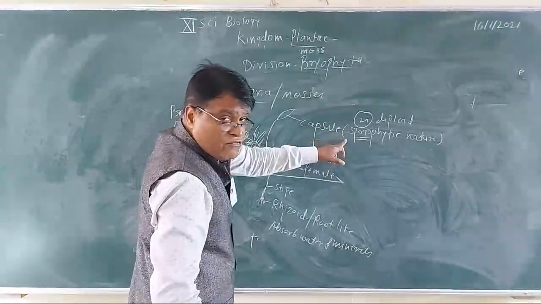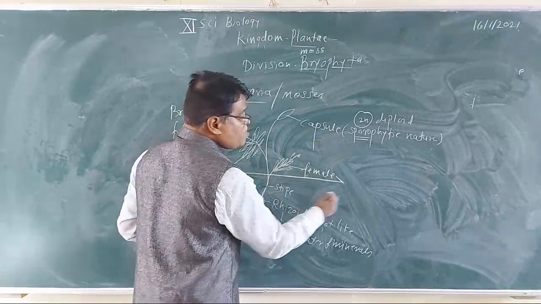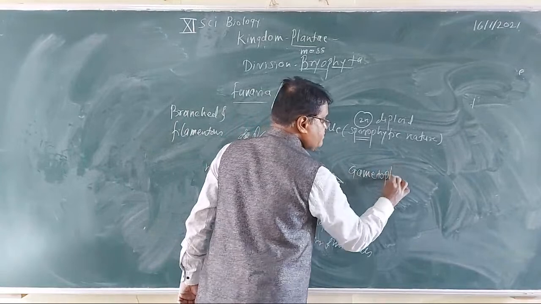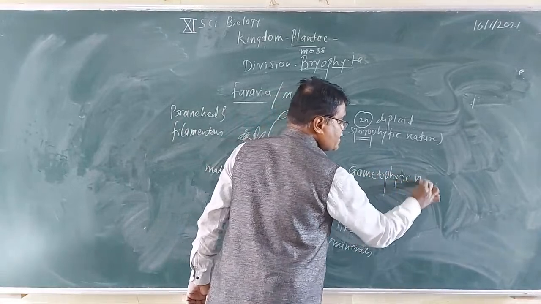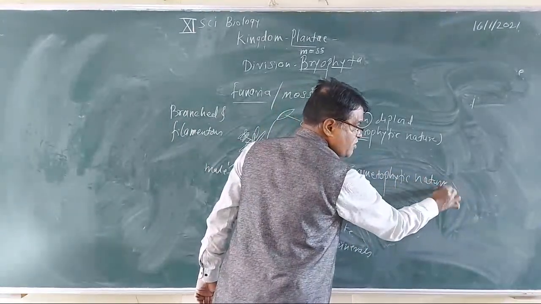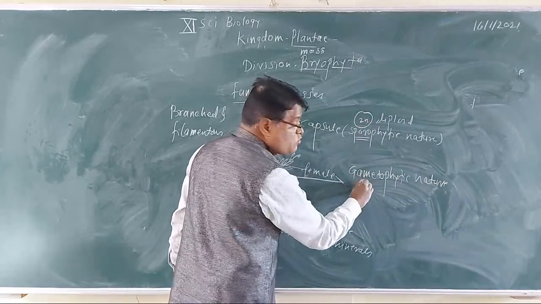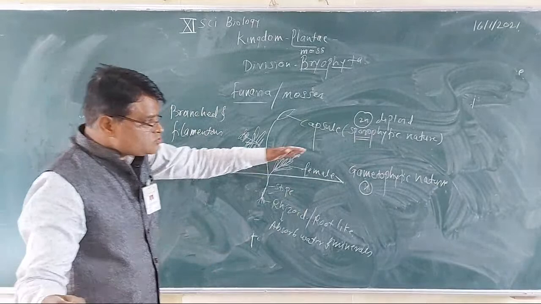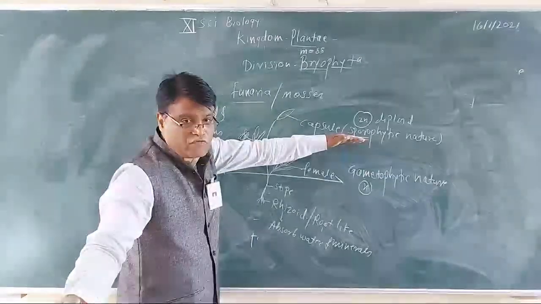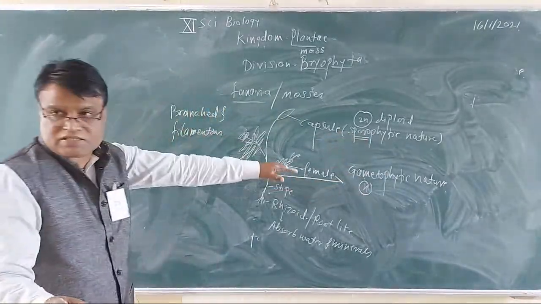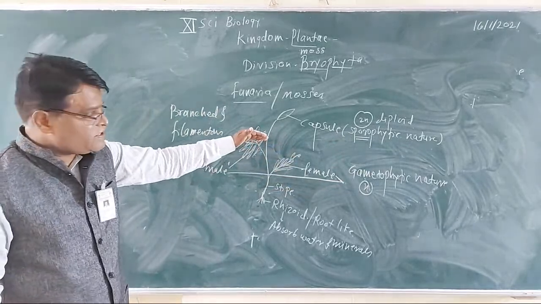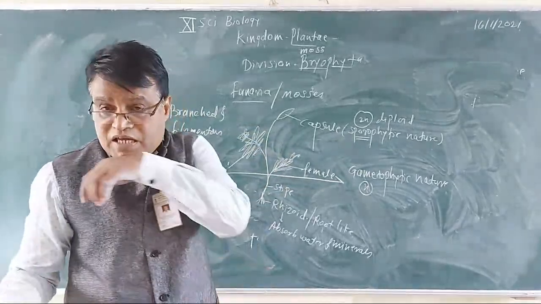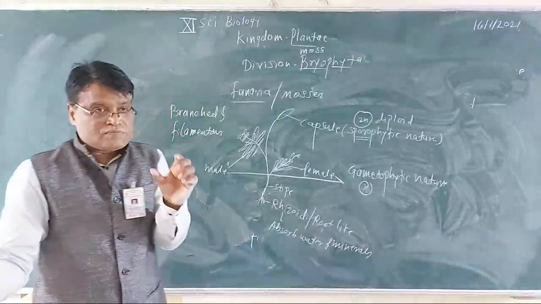So the sporophyte, and the male and female are gametophytic in nature. So 2N to N in number means the life cycle is sporophytic to gametophytic, isn't it? The life cycle is sporophytic to gametophytic, and it is the best example in the case of the bryophytes.